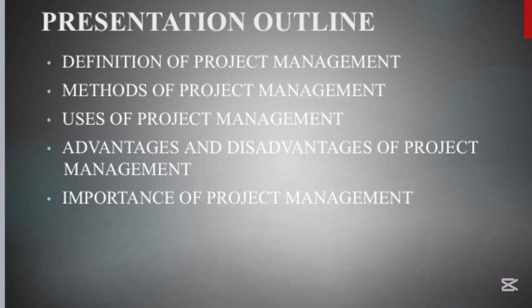We also talked about the uses of project management, where we said it helps in product development, events planning, IT and software management, marketing campaigns, human resource initiatives, then the supply chain management. We also talked about the advantages of project management, the disadvantages of project management, and then finally the importance of project management. So we come to the end of our presentation.